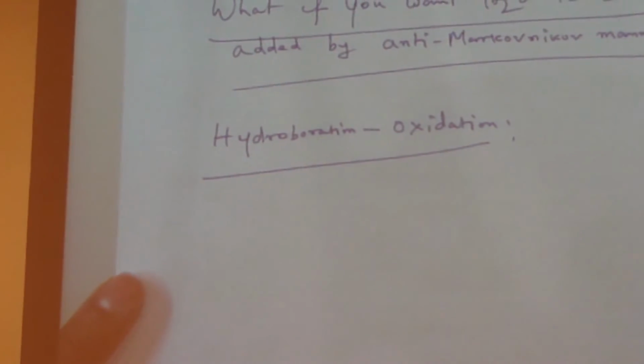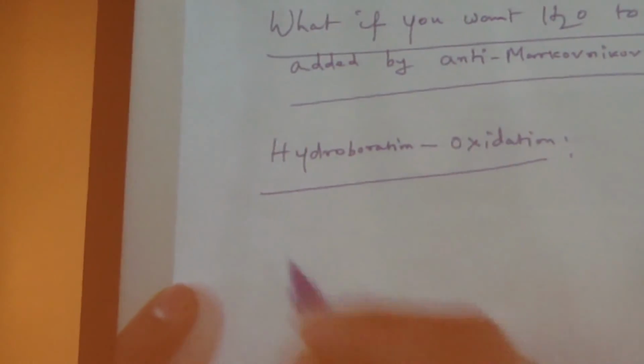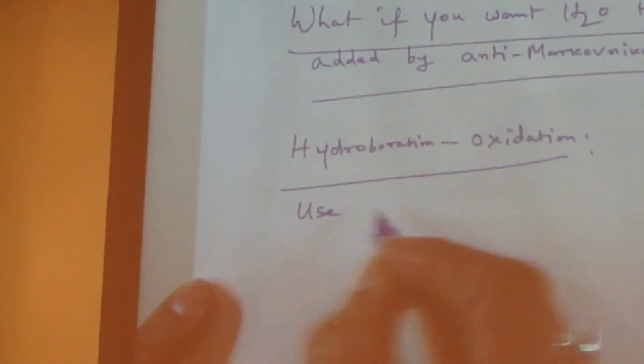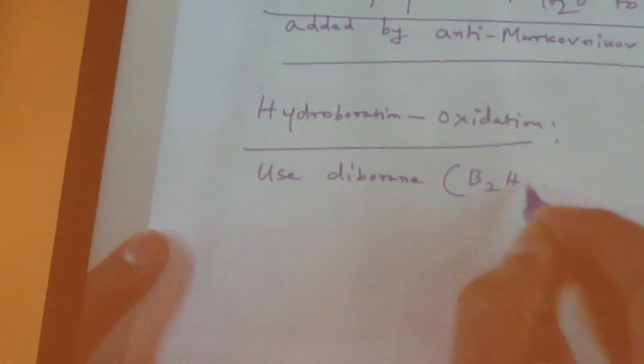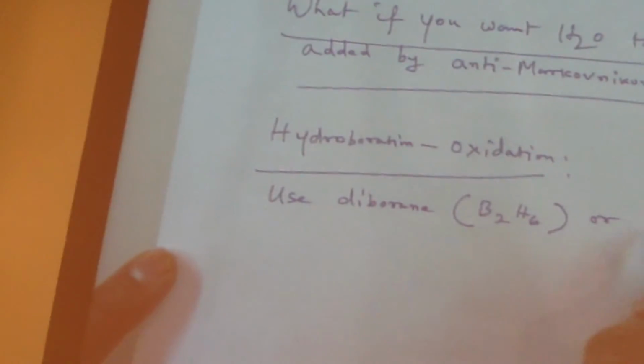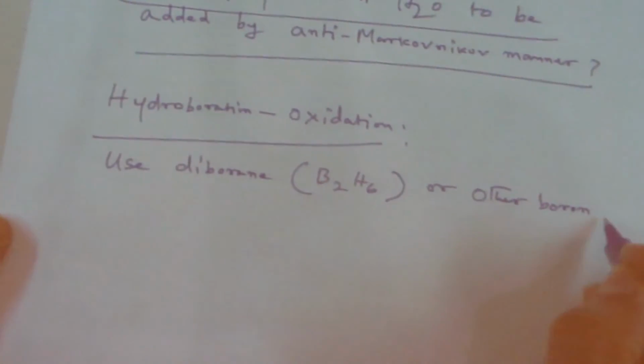The hydroboration oxidation reaction essentially uses diborane or a similar kind of reagent. Diborane is B2H6 or other boron compounds.